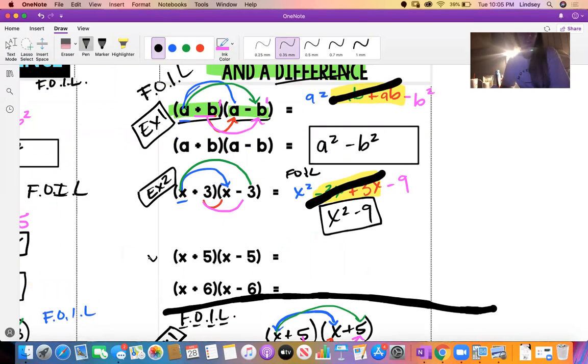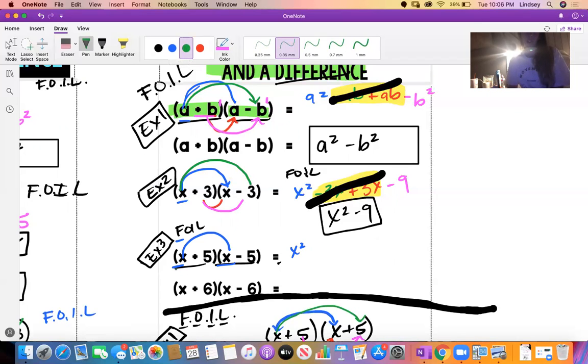Okay, so this will be example 3. So I see I have two polynomials multiplied by each other. Okay, so I have to remember to FOIL. So I have first, x times x. X times x is going to be x squared.